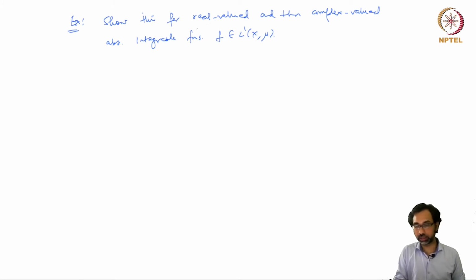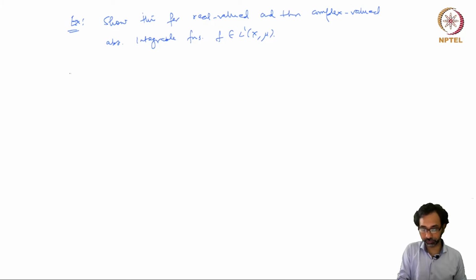By breaking the real valued functions into positive and negative parts and using the unsigned case, and then for the complex case, breaking it into real and imaginary parts and using the real case. So I leave it as an exercise.